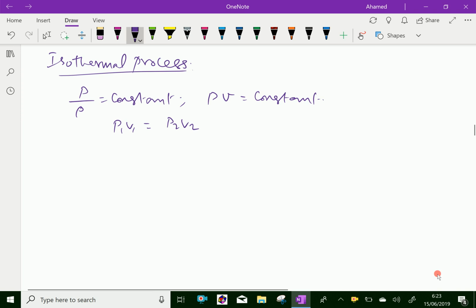Therefore, from that P2 equal P1 V1 over V2.